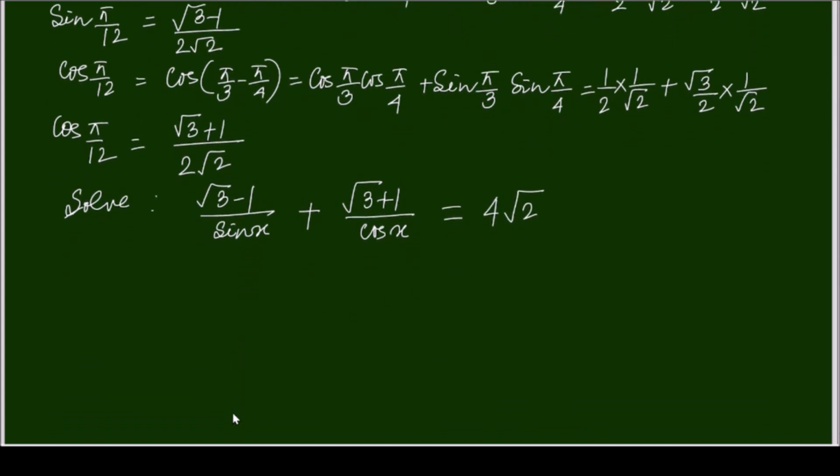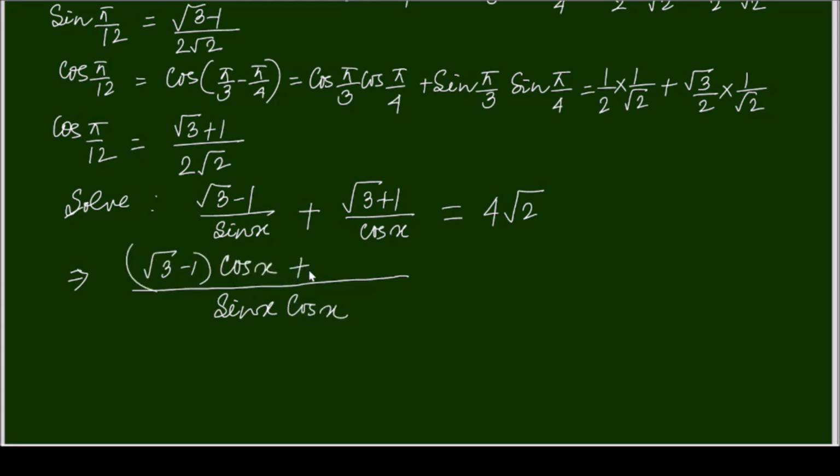I will simplify the left hand side, then I'll get sin x into cos x in the denominator. In the numerator, I'll get (root 3 minus 1) cos x plus (root 3 plus 1) sin x, equal to 4 root 2.